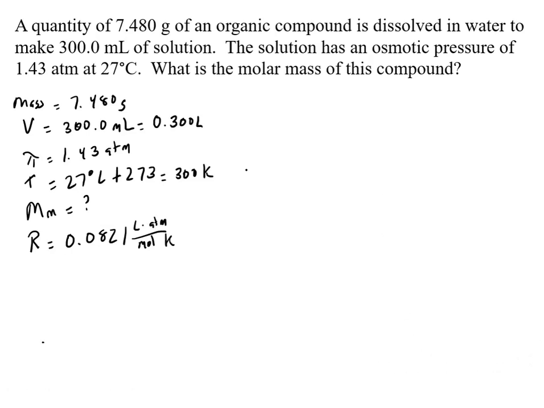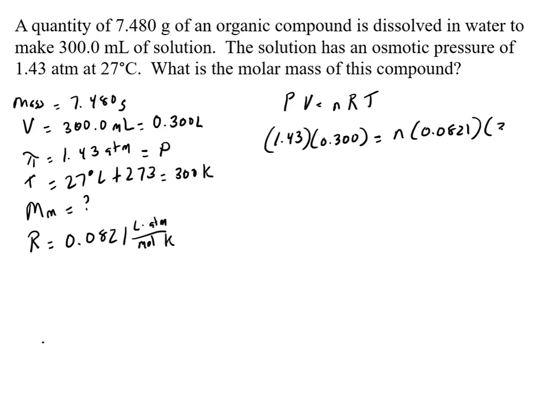Okay. So using the other formula, I'm going to use PV is equal to nRT. So I still need R. Temperature still has to be in Kelvin. My volume has to be in liters. My pressure, though, this time, remember that this is a pressure, okay? So when I start filling in, I have 1.43 times a volume of 0.300. n is what I don't know, and R is 0.0821, and temperature is 300.